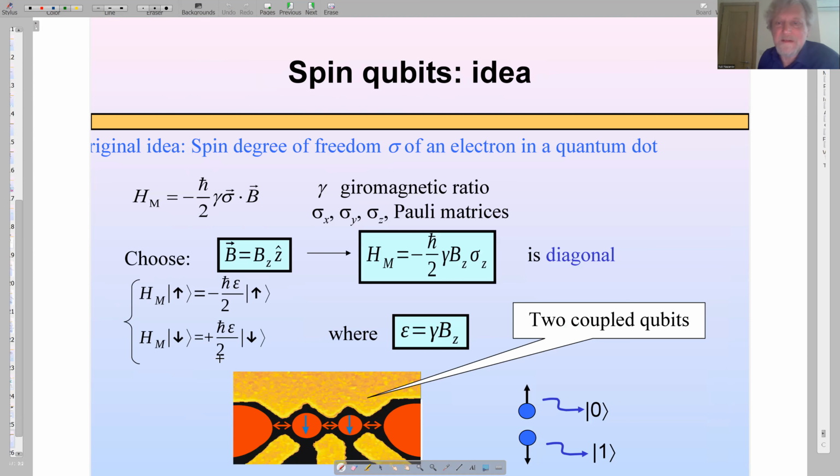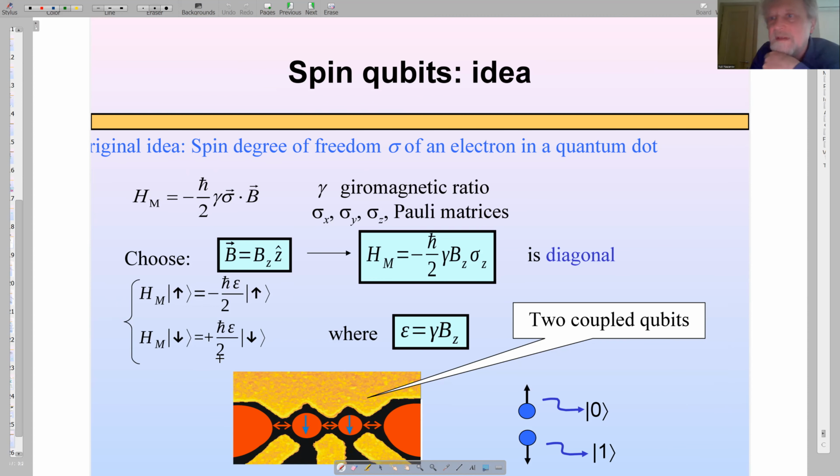Let me use just a couple of words to say about spin qubits.